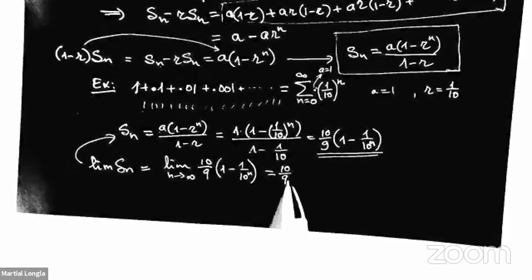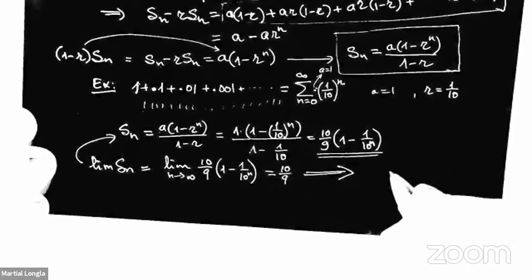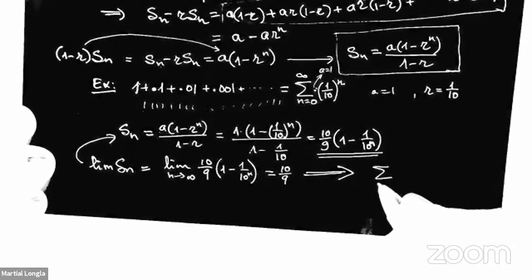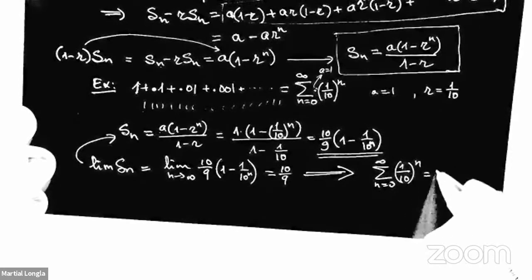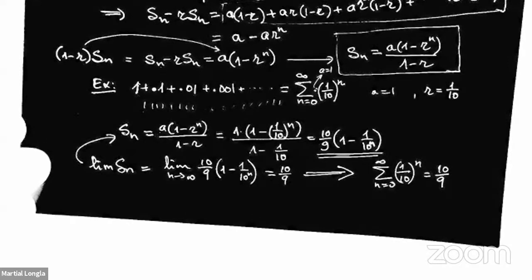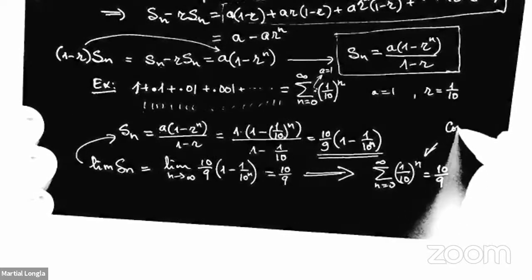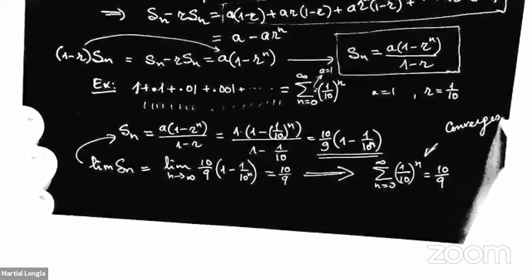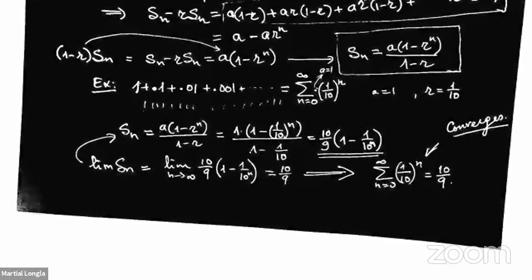This fraction is equal to that sum. So here we will say that the sum, n from 0 to infinity, of 1 over 10 to the power n is equal to 10/9. And therefore we say that this series converges. It converges because this limit is finite. Any questions?